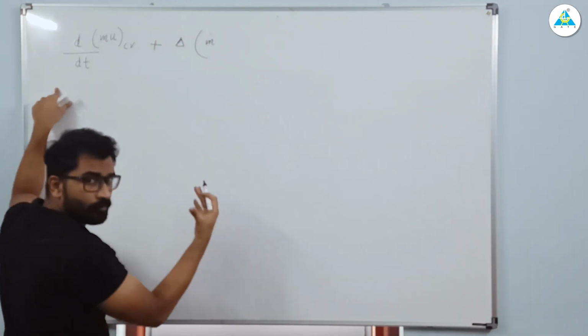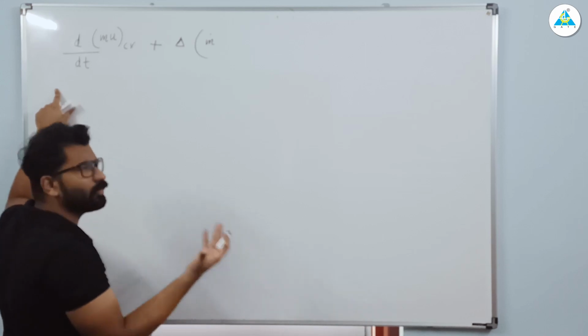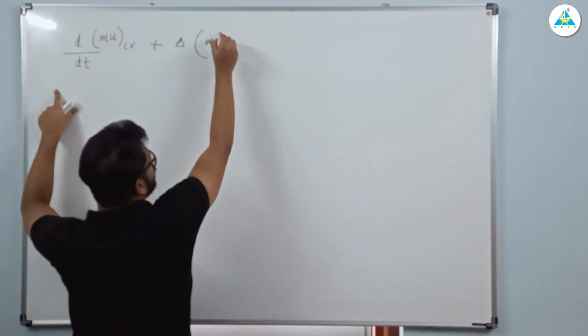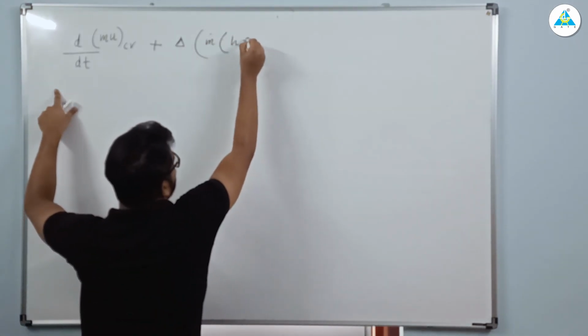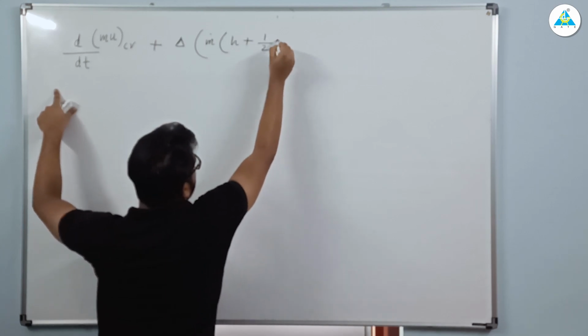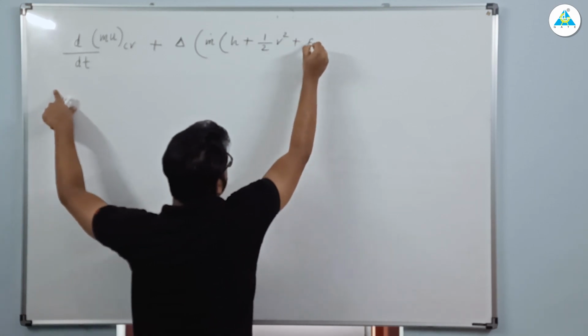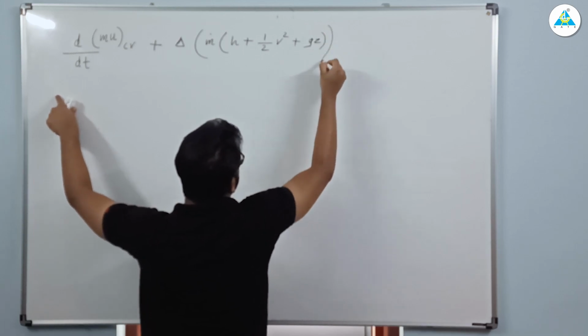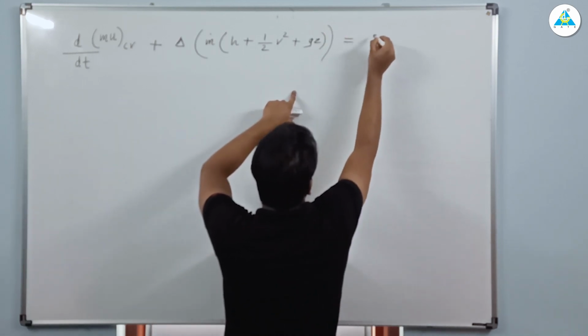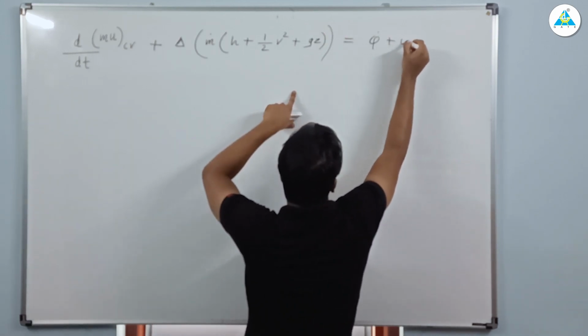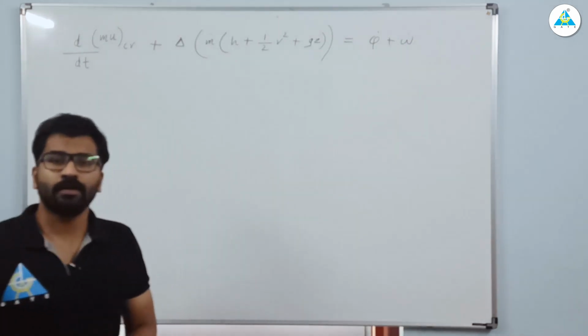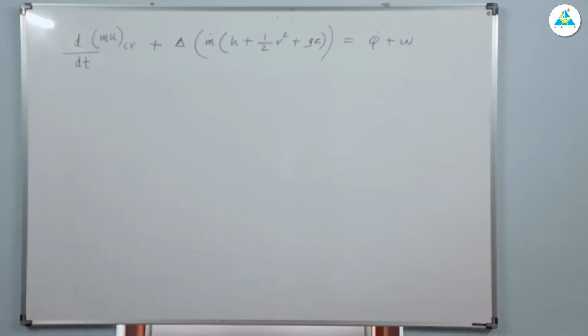Del is outlet minus inlet, of mass flow rate multiplied by enthalpy plus kinetic energy plus potential energy, equal to heat transfer plus work transfer. This is our energy balance equation for an open system.